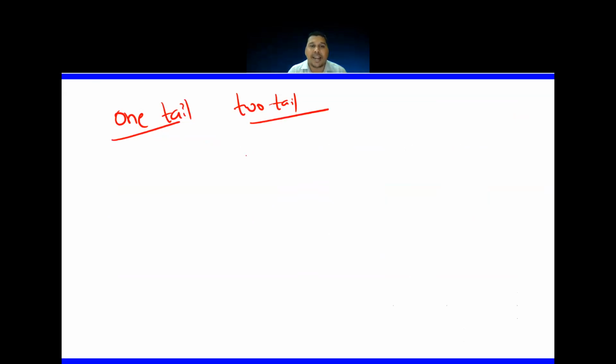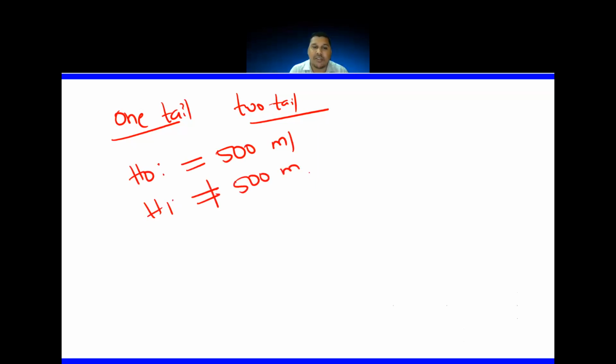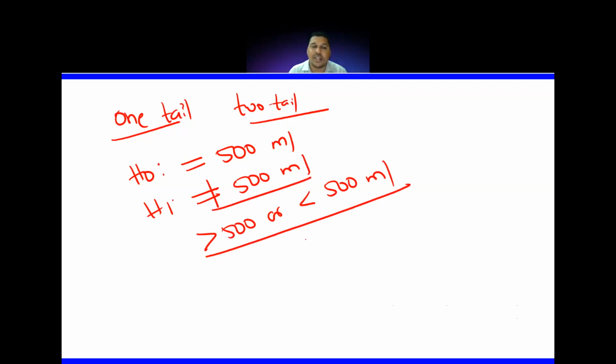So in all these parametric testing techniques, we are talking about H naught and H1. H naught is equal to 500 ml. H1 has three cases. One is not equal to 500 ml. The other cases are greater than 500 or less than 500. So there are two cases in H1, greater than 500 or less than 500.